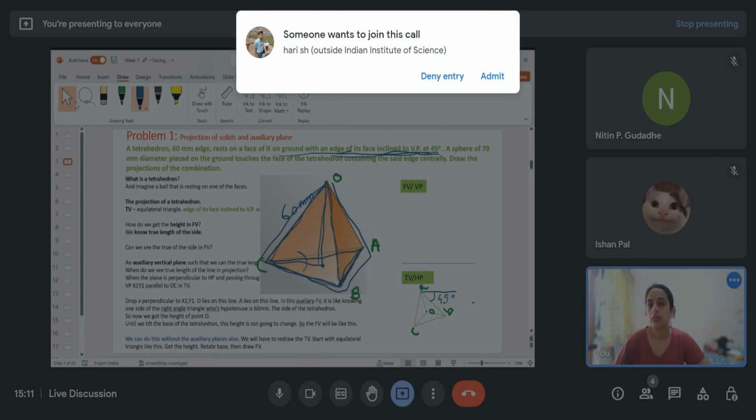I'll take these off. So I want to determine the height of point O from the base, because that is what we'll see in the front view.